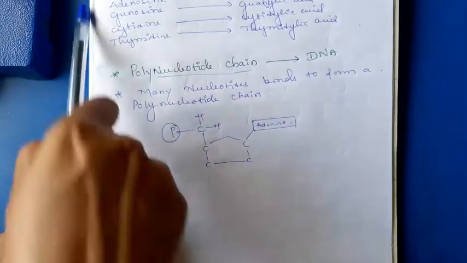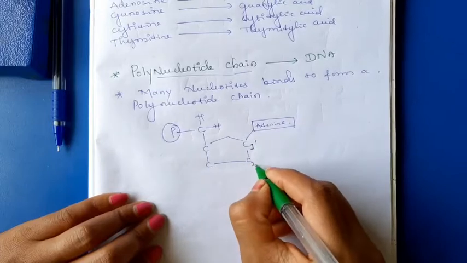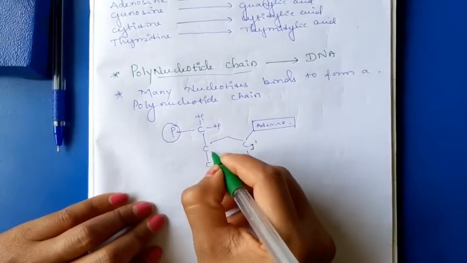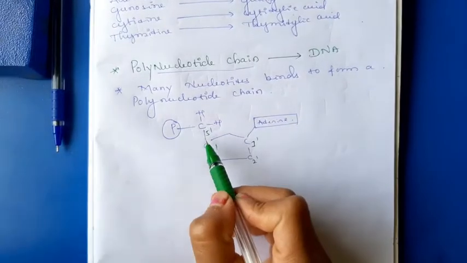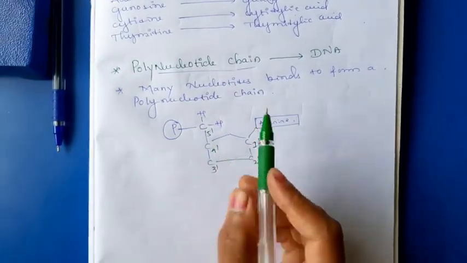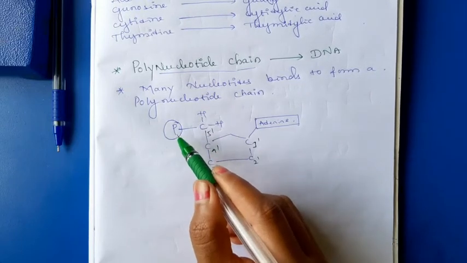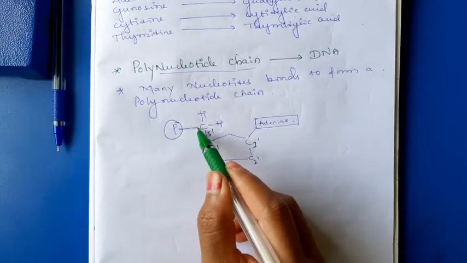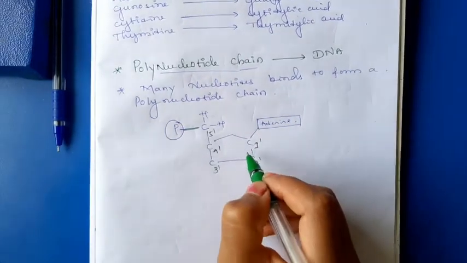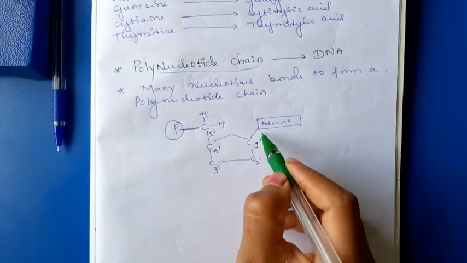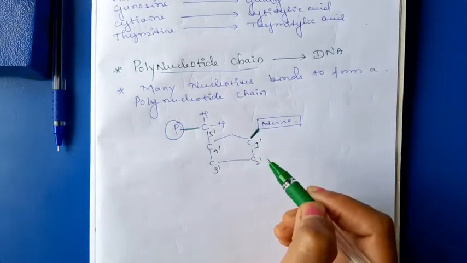Here I will write the naming 1 prime, 2 prime, 3 prime, 4 prime and 5 prime. You just remember, always the deoxyribose 5th carbon is going to attach with the phosphate with the phosphoester bond. Okay, like that, the 1st carbon atom of the deoxyribose is going to bind with the nitrogen base with the glycosidic bond.